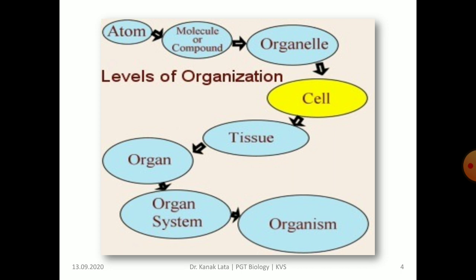Here you can observe the flow chart of level of organization. It starts with non-living atoms, then molecules, and further from non-living to living: organelles, cells, tissues, organ system and organisms.